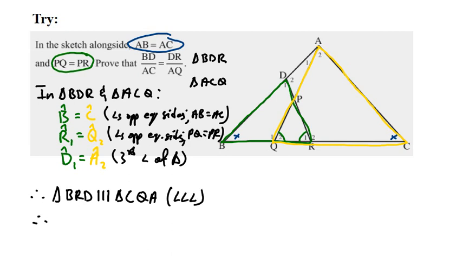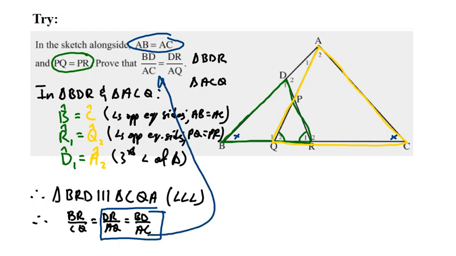Since the two are similar, the following must be true: BR over CQ must be equal to DR over AQ, and this must also be equal to BD over CA, or AC. Just like that, you take these last two and they will give you exactly what you were required to prove. Done.